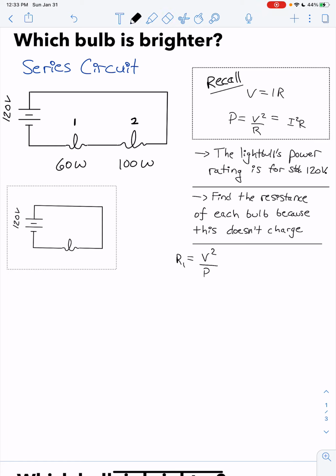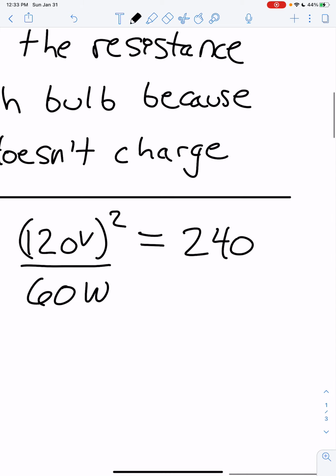And in this scenario, we've got a voltage of 120 volts, and then that's going to be over this 60 watts. And so from that we get 240 ohms. Not a very good omega. I can do better.